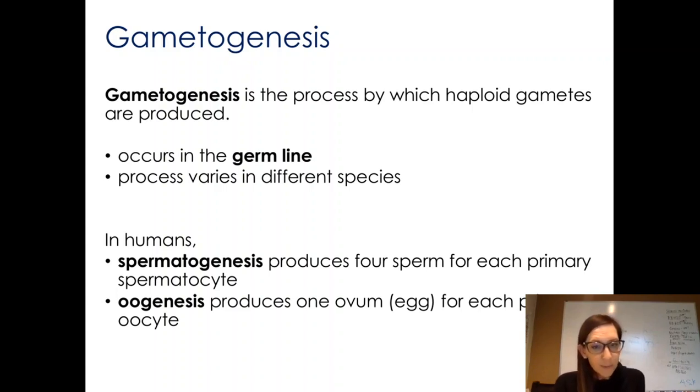In humans, spermatogenesis will produce 4 sperm for each primary spermatocyte. Whereas in oogenesis, we will create a single ovum or egg for each primary oocyte, which means that we're going to stockpile everything into one of those cells.